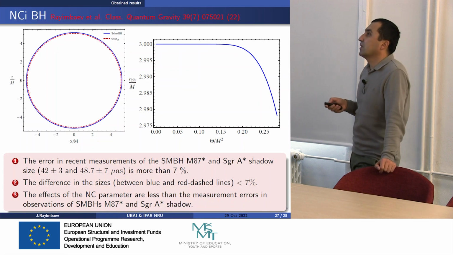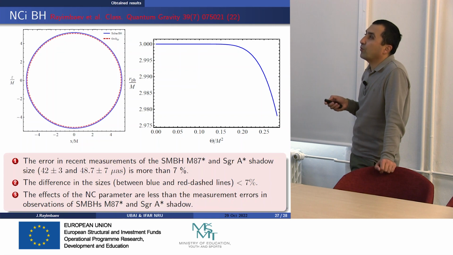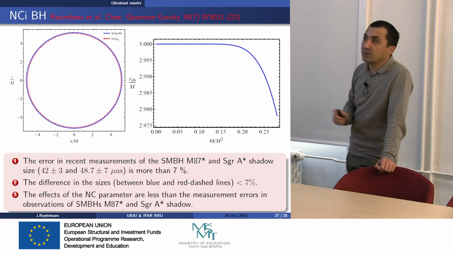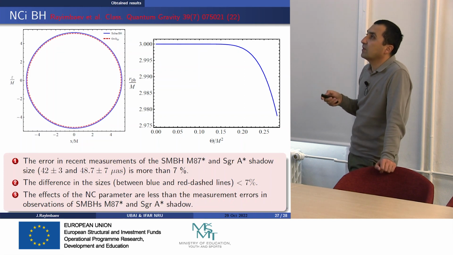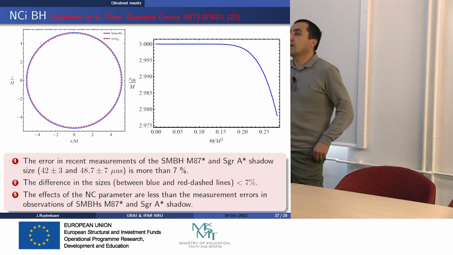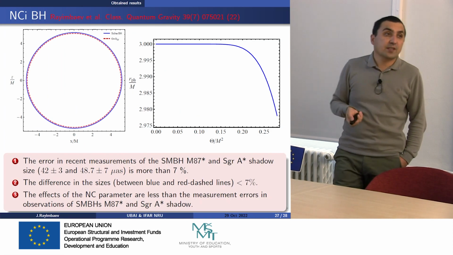The observational data show that the error in the measurements is more than 10%, and this difference is about 4%, which is smaller than the measurement error, so the role of quantum effects may be negligible in the black hole shadow and quasi-periodic oscillations. Thank you. It was the last slide.